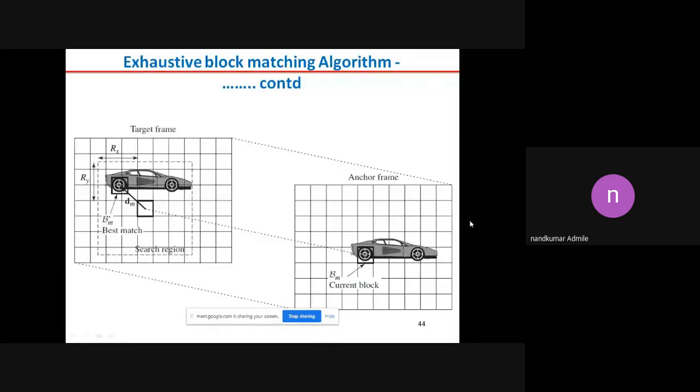That is nothing but the exhaustive block matching algorithm. In the exhaustive block matching algorithm, we divide the total frame into a small number of blocks, and here we take the motion of a car.